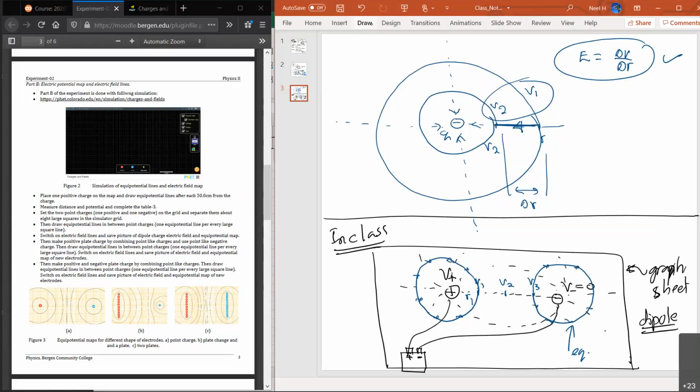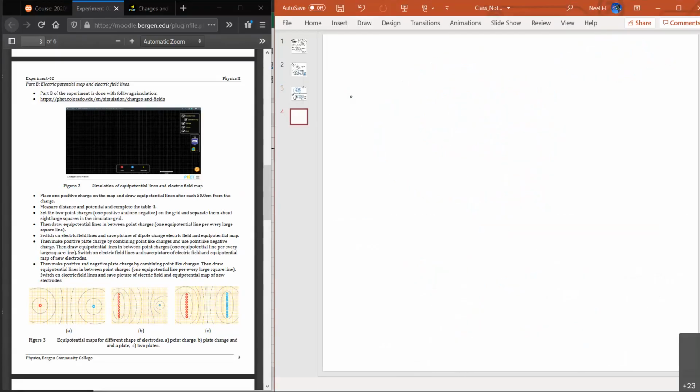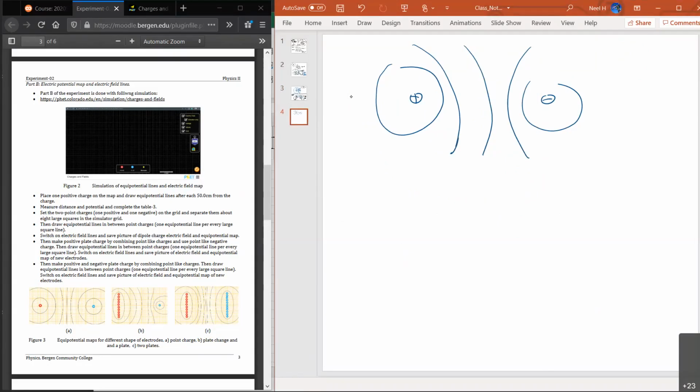By doing that, at the end, I have two charged particles with equipotential lines around them. This is what we call an equipotential map. This is V1, V2, V3, V4, V5. Now this is the equipotential map.